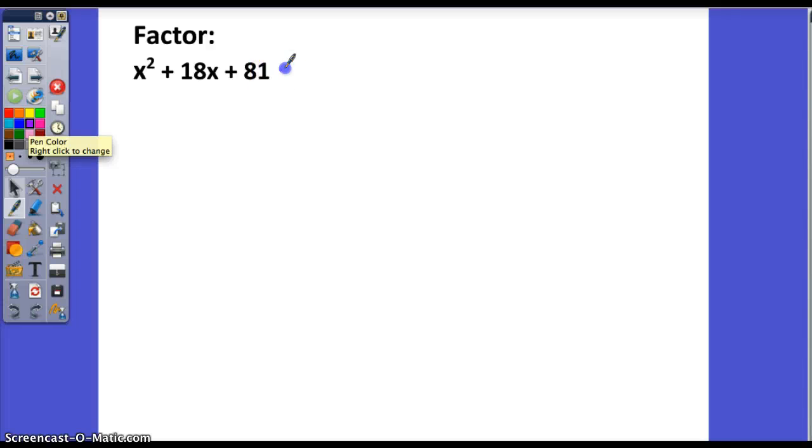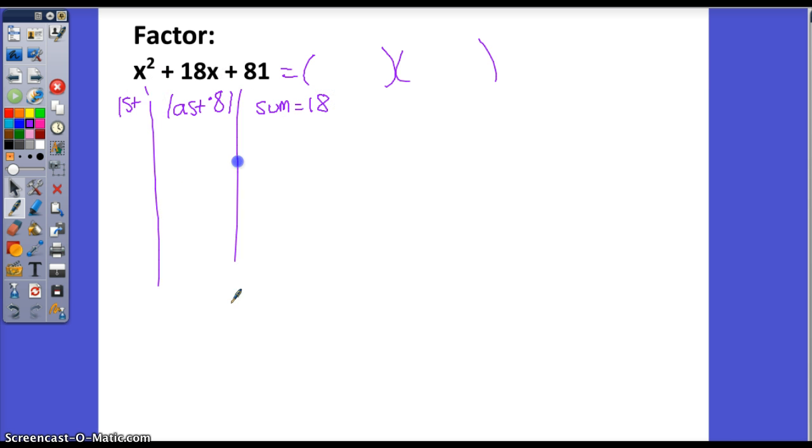We're going to do it the same way. We have the first, the last has to equal 81, and then the sum has to equal positive 18. Okay, so our first is 1 times 1, so we have x and x. For it to be positive 81, well, that one's pretty good: 9 times 9.